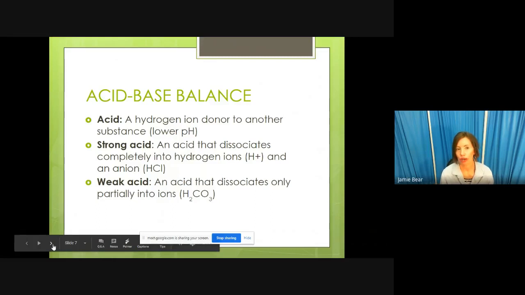An example of a strong acid would be hydrochloric acid. A weak acid is an acid that dissociates only partially into ions. Carbonic acid, which is the intermediary of the hydrolysis equation, is a weak acid that plays a big role with carbon dioxide transport in our bodies.